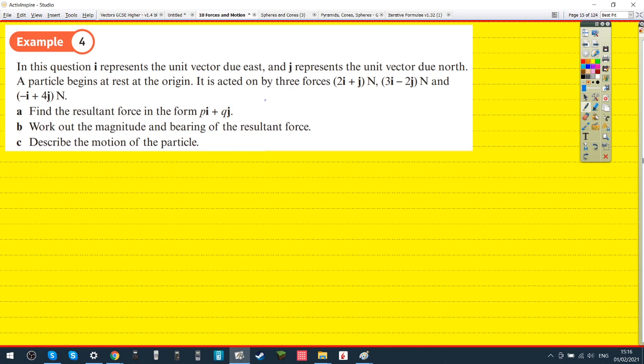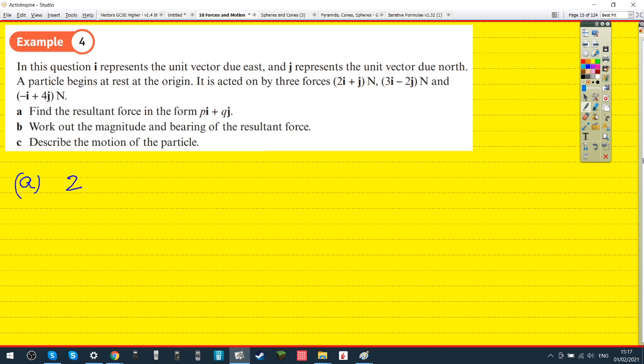So is that like us doing 2 plus 3 minus 1 plus p equals 0? That would be if it's in equilibrium. It isn't. So it is actually moving.